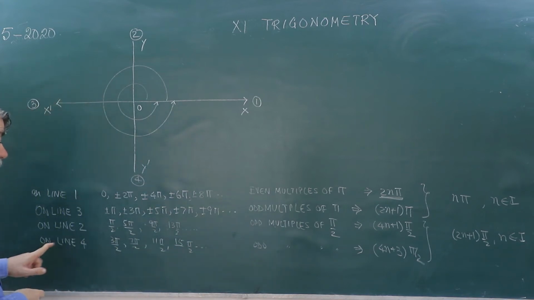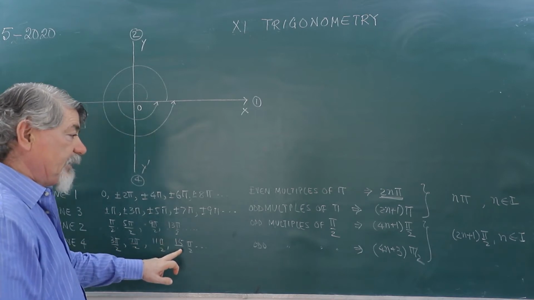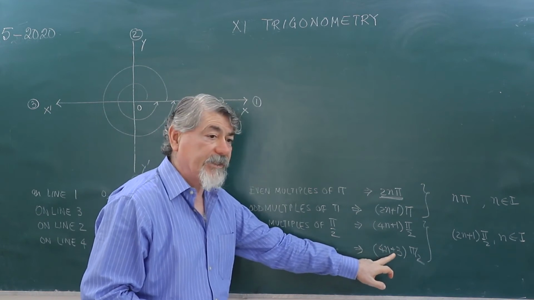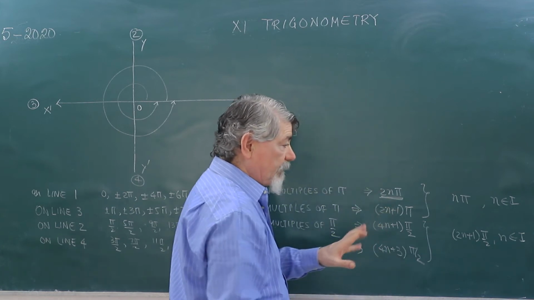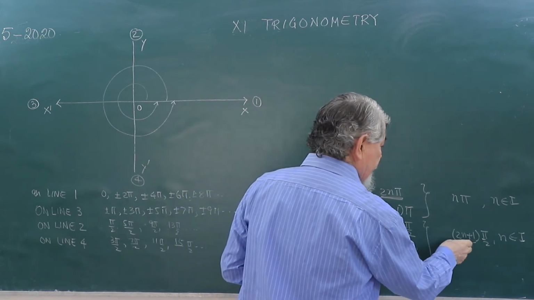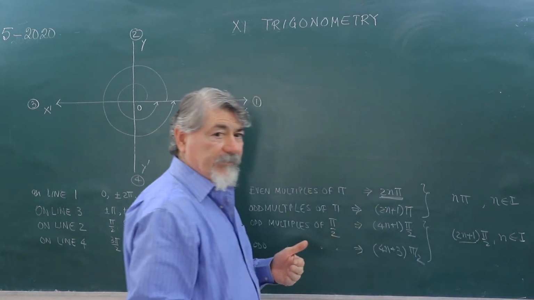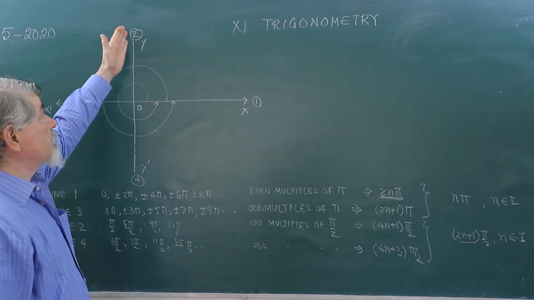Similarly, on line 4, I get 3 pi by 2, 7 pi by 2, 11 pi by 2, 15 pi by 2, which are odd multiples of pi by 2, but (4n plus 3) pi by 2. When we join them together, it will be an odd multiple of pi by 2, (2n plus 1) pi by 2. That means whatever values we give to n, we will get corresponding values on this vertical line.